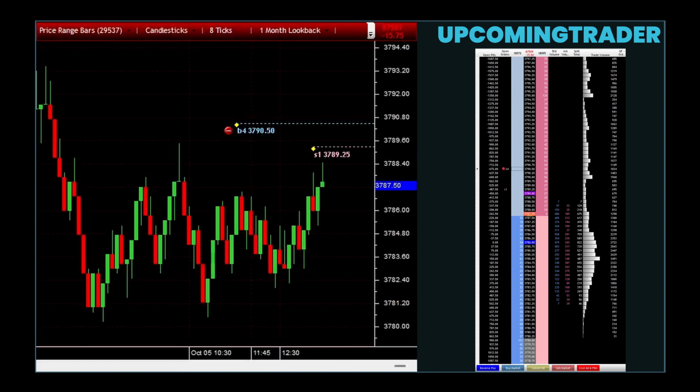A window manifests when the low price of the current candlestick is higher than the high price of the preceding candlestick in an upward trend, or conversely, when the high price of the current candlestick is lower than the low price of the preceding candlestick during a downward trend. This phenomenon is often seen as a signal for potential continuation or reversal in market trends.